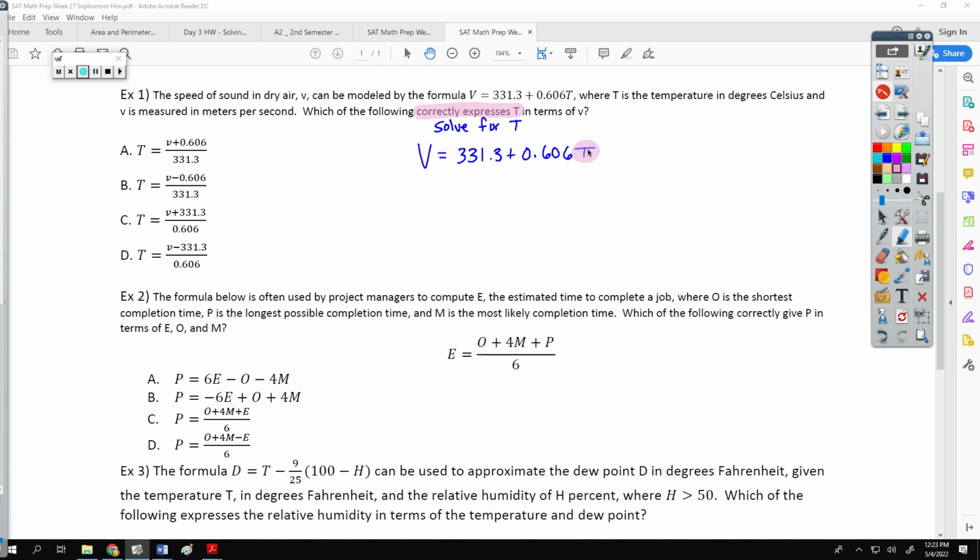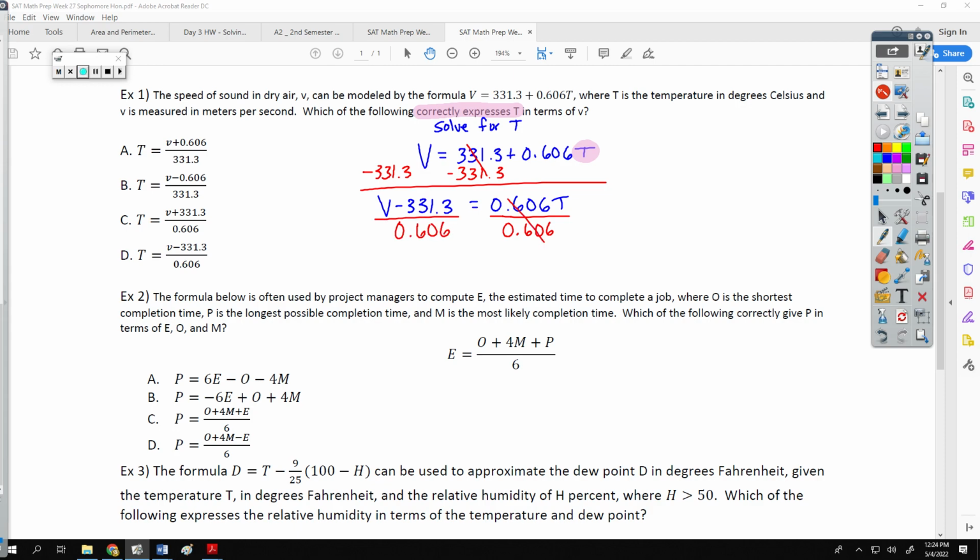We need to get T by itself. So to do that, the first thing we need to do is move the 331.3 to the other side of the equation, which requires us to subtract. So V minus 331.3 equals 0.606 T. Then, to get T by itself, we would need to divide by 0.606.